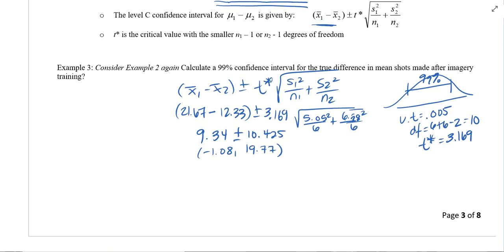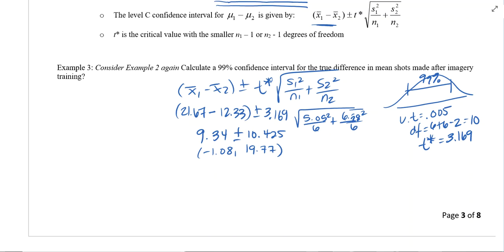And with these difference problems, what you really want to notice is where 0 is. So for this, you notice that 0 is in this confidence interval.